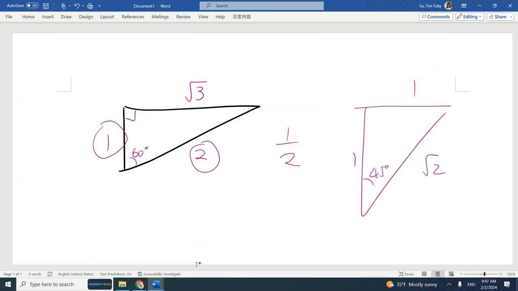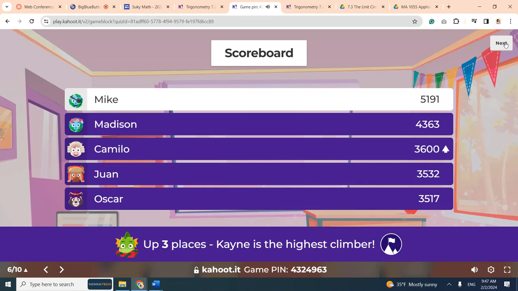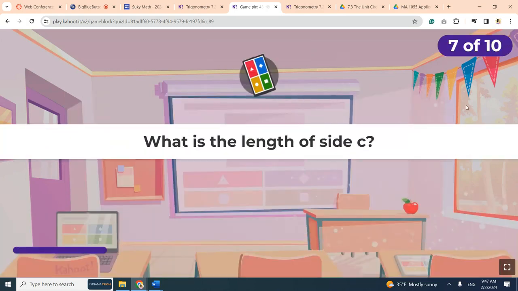Square root of 3 over 2. Okay? Okay. Mike is still leading.